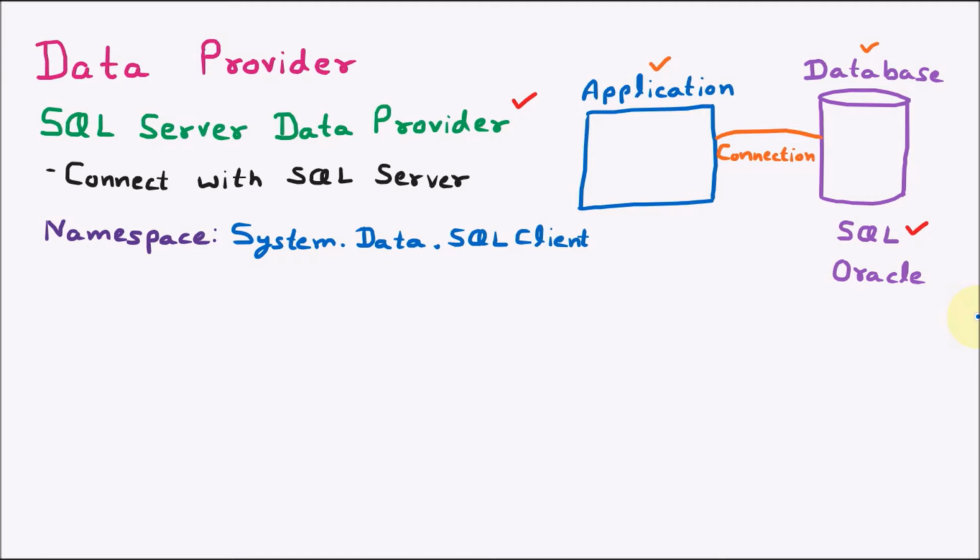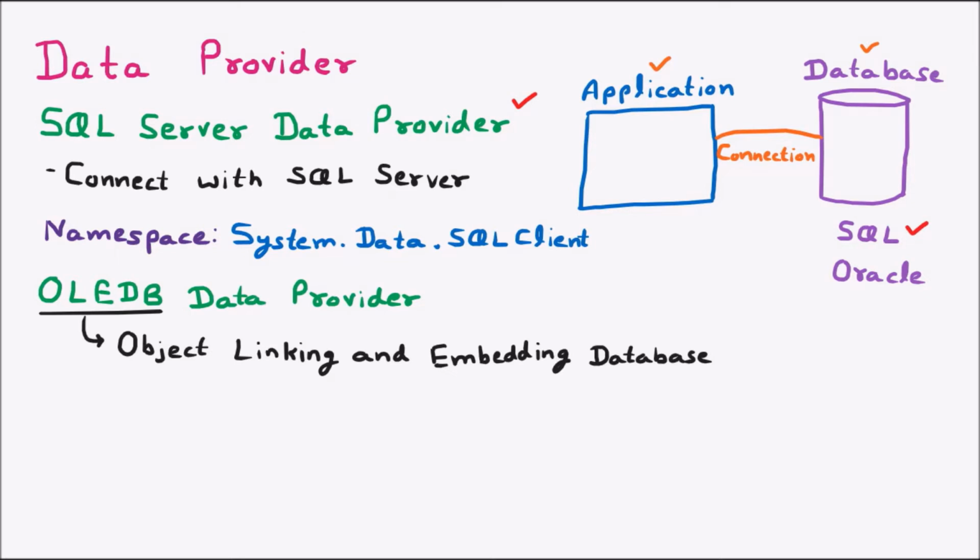Now the next type of data provider is OLEDB Data Provider. Here, OLEDB stands for Object Linking and Embedding Database. To understand the OLEDB, first of all, we should understand how many ways are there in which we can store the data. The databases we use come in two categories.